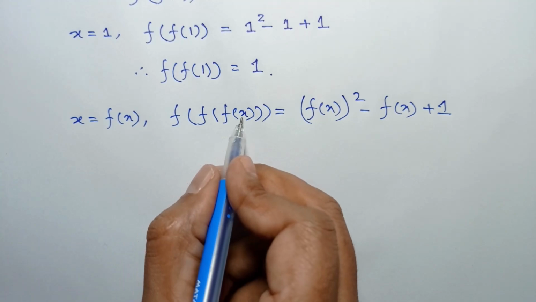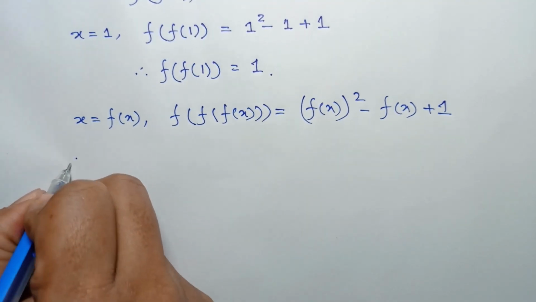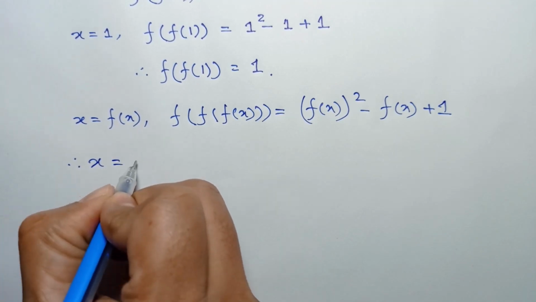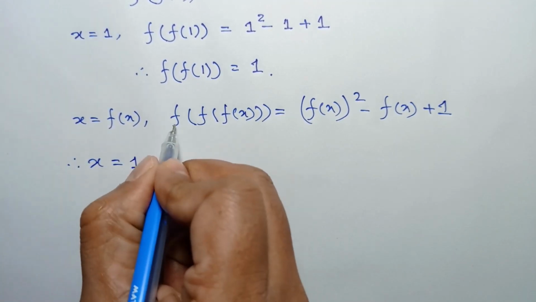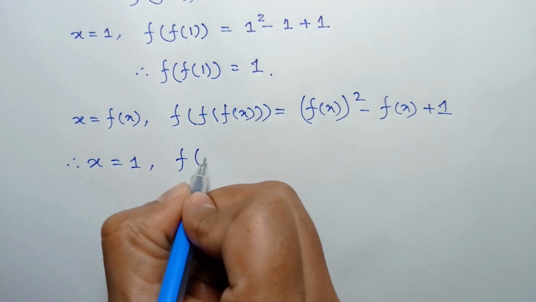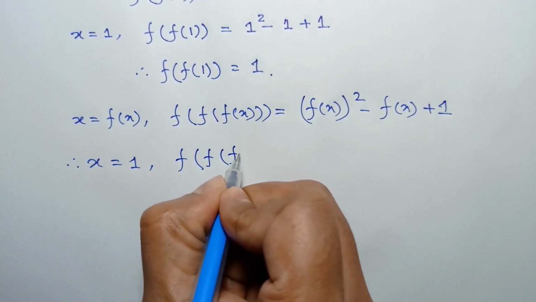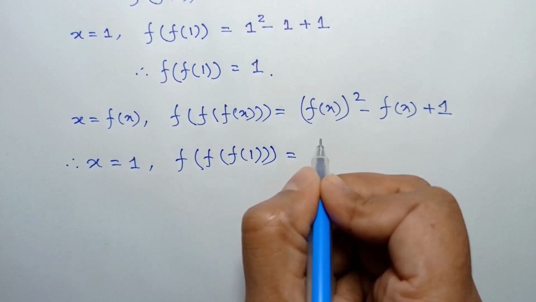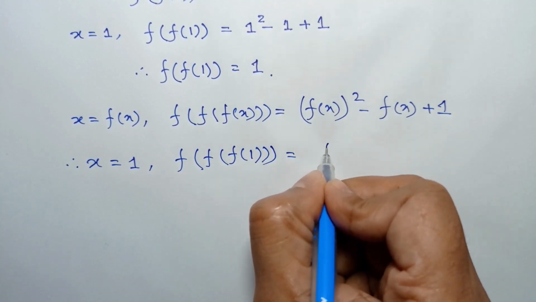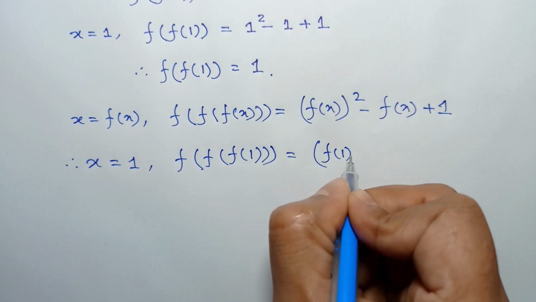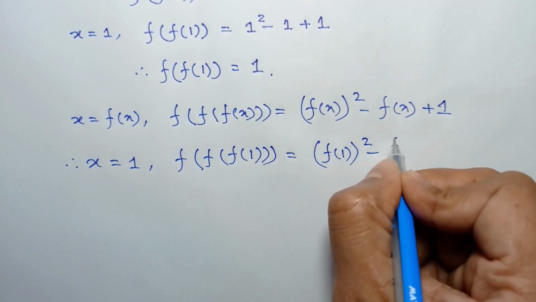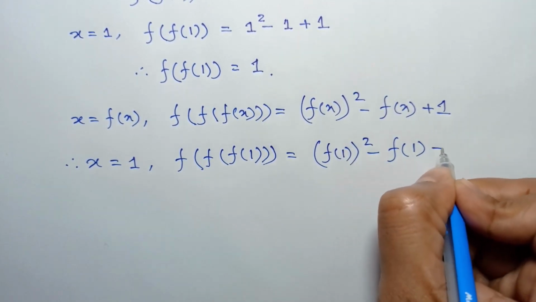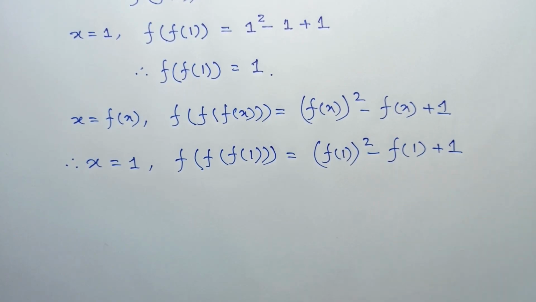Now putting x is equal to 1 in this function, when the value of x is equal to 1, then f(f(1)) is equal to f(1) whole square minus f(1) plus 1.